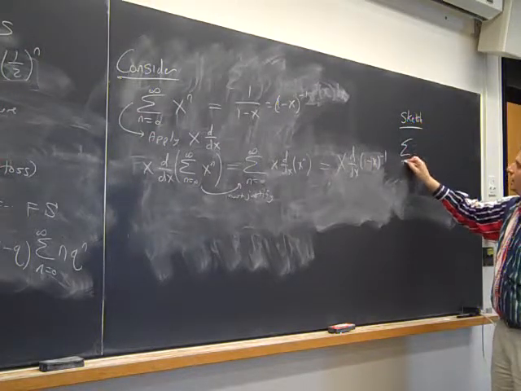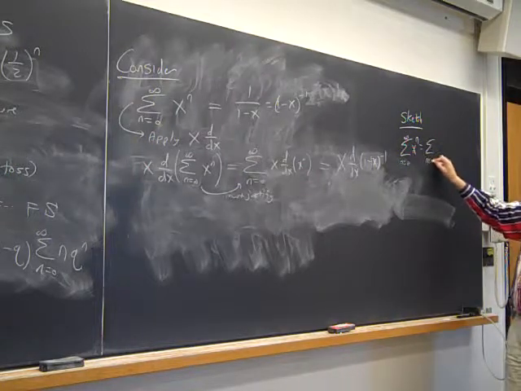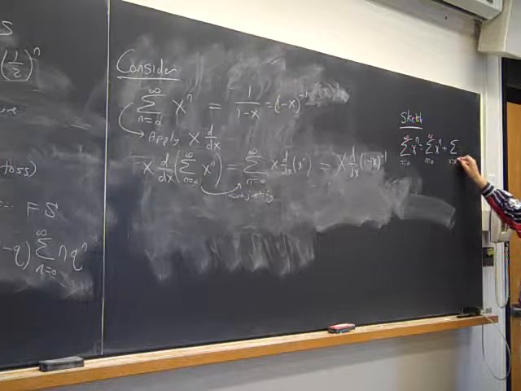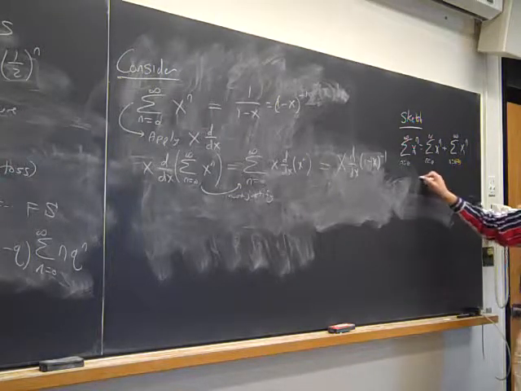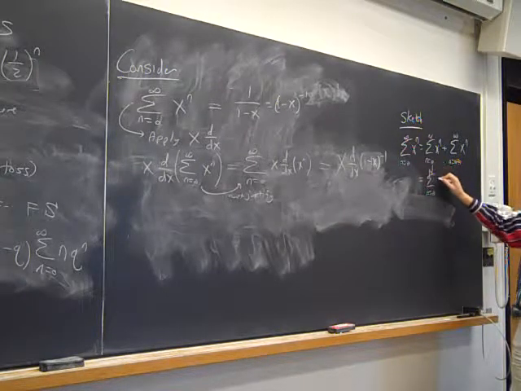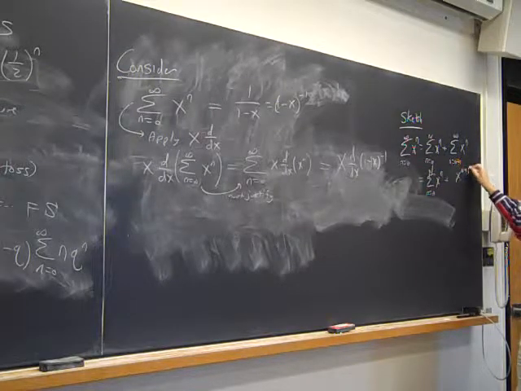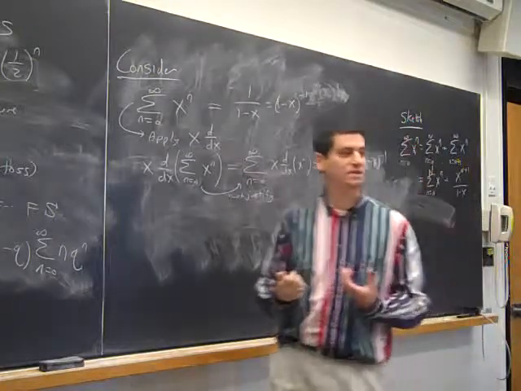The sum, n goes from 0 to infinity of x to the n, is the sum, n goes from 0 to N of x to the n, plus the sum, n goes from N plus 1 to infinity of x to the n. And this is x to the N plus 1 over 1 minus x. You only have finitely many sums.